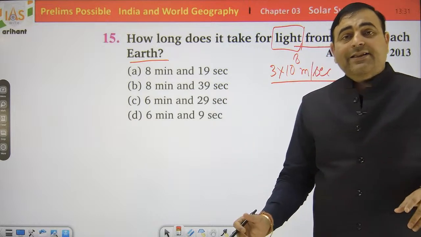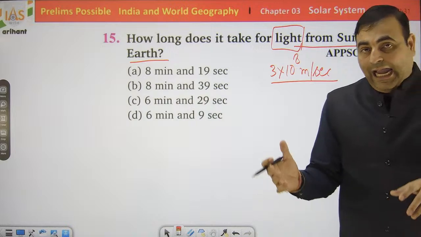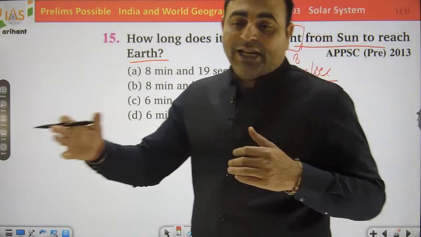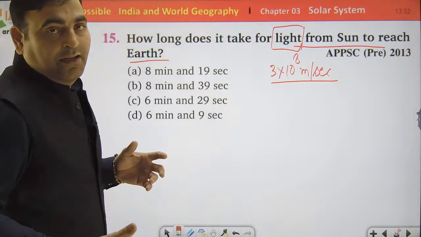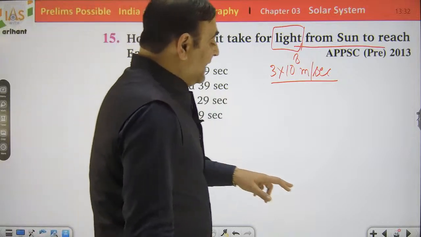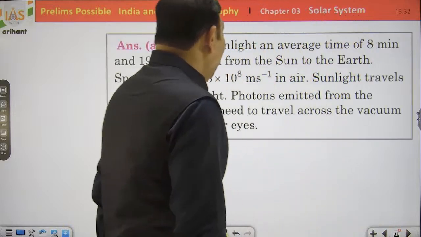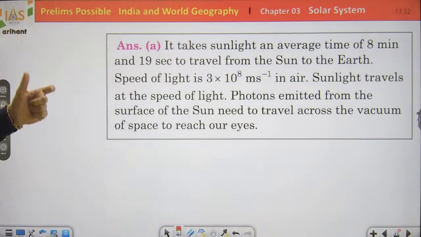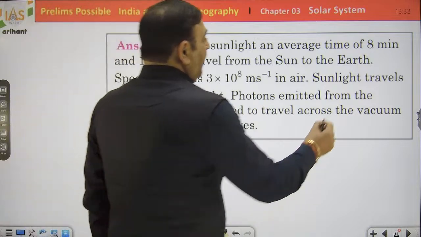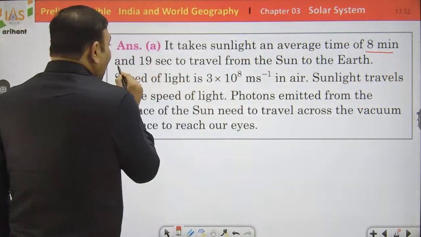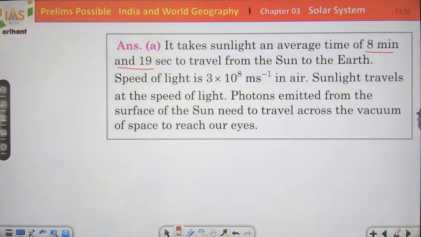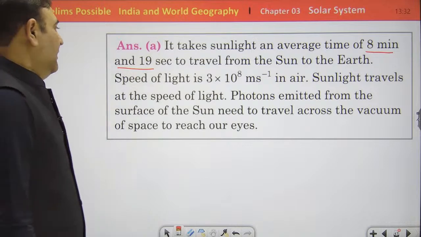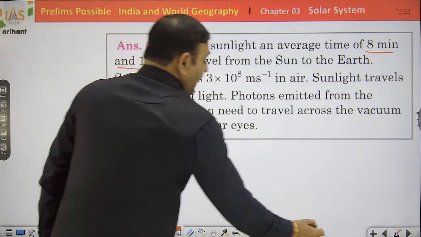The distance is approximately 152 million kilometers. So we can divide it and get the time. It is approximately 8 minutes and 19 seconds to travel. Right?